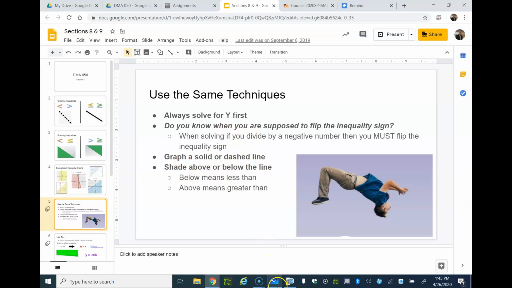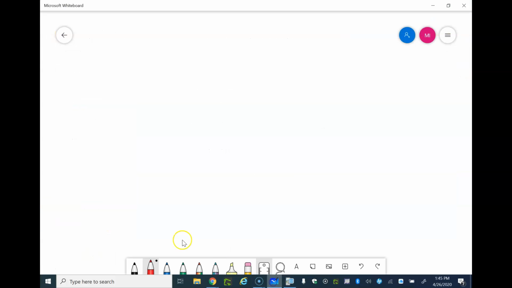So let me show you an example where you're going to be flipping the sign. Say that we have the equation 2x minus y is greater than or equal to, let's say, negative 5.